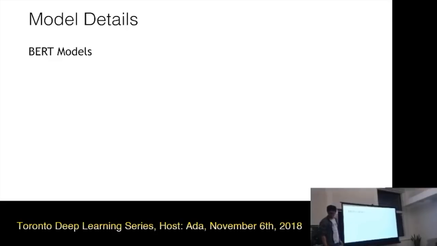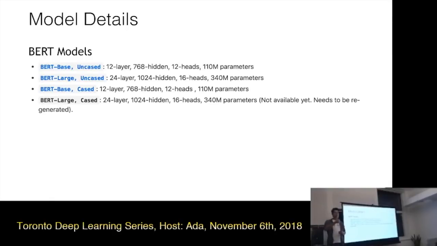So, model details. I'm just going to tell you some details about the BERT model. There are 4 of them: BERT base, BERT large, and cased or uncased. First of all, cased and uncased basically means that BERT treats lowercase and uppercase differently. And BERT base and large, why are there 2 models?